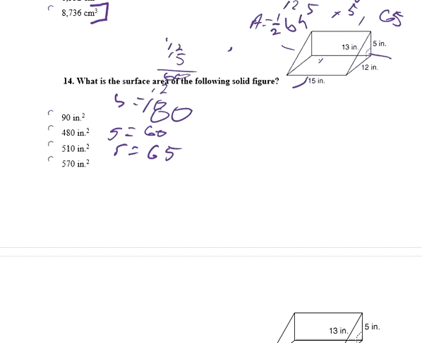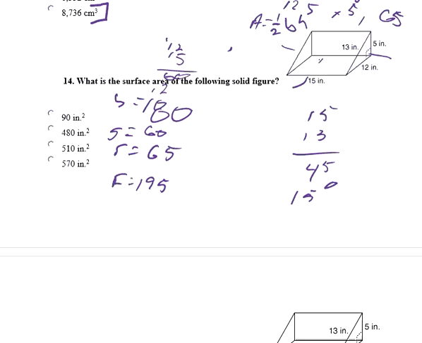And now we just have to figure out the front, and the front is 15 by 13. 15 by 13, and that's 195. Now I'm going to add all those together.